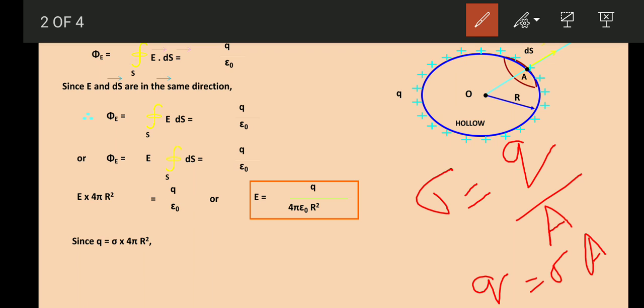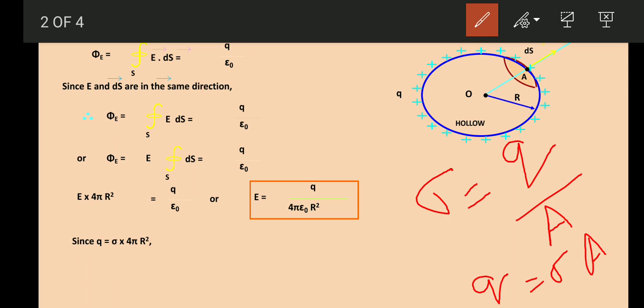Now A is the area of the spherical shell, because the point is on the Gaussian surface and the hollow sphere are the same in this case, but in the previous case they were different, so that we got different values of area. But in this case both are the same, so the area value will be sigma into 4 pi capital R square.